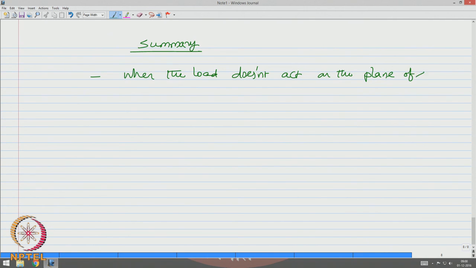So, friends, to summarize, when the load does not act on the plane of symmetry, then the section will be under unsymmetric bending.